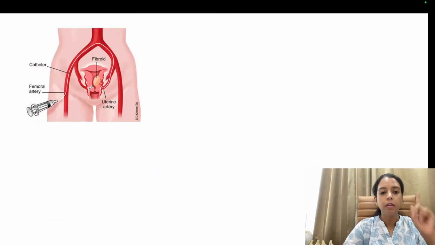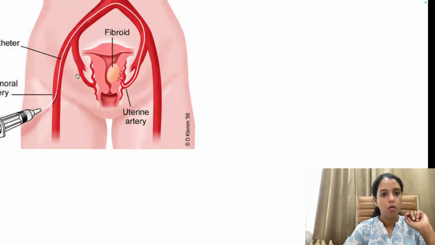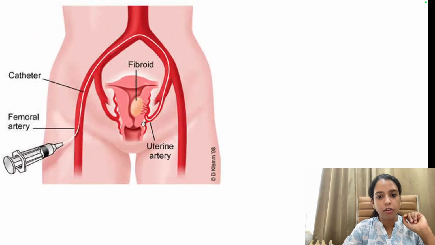Okay? What procedure is being done? Who will tell me? Though the picture is of fibroid, we also do this procedure here. Can you see, through the femoral artery, I am inserting a catheter going into the external iliac, then internal iliac, and then uterine. What is this procedure?